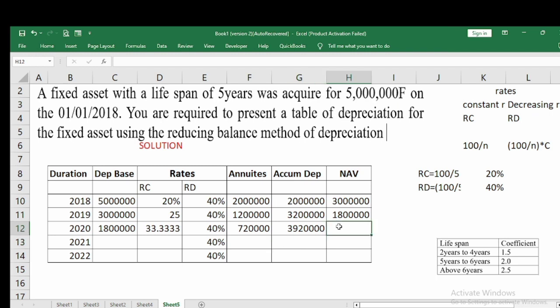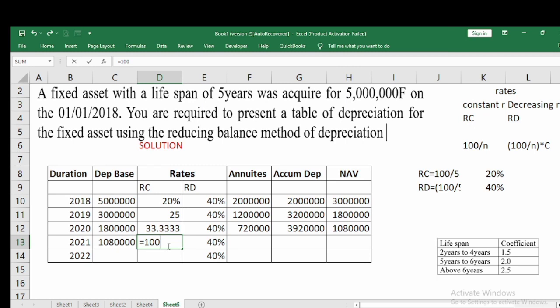So our net accounting value here will be equal to our OV minus this 3.92 M, which will have what? 1,080,000. The 1,080,000 will also be transferred to here.